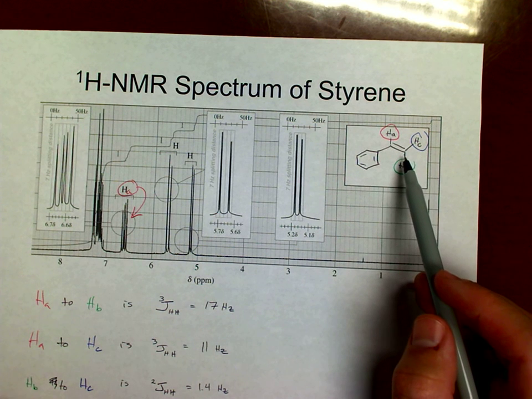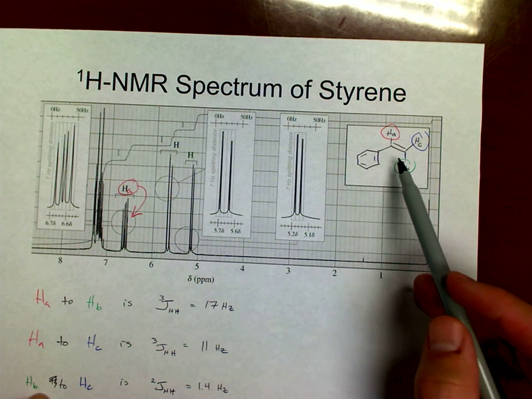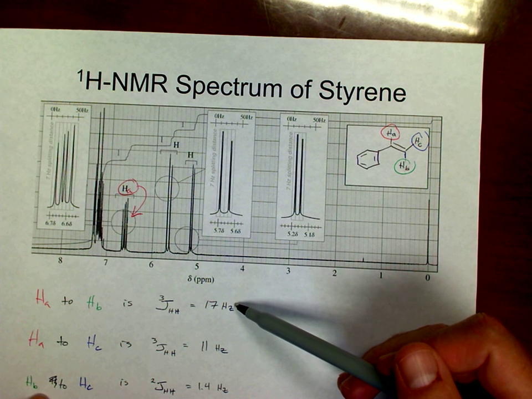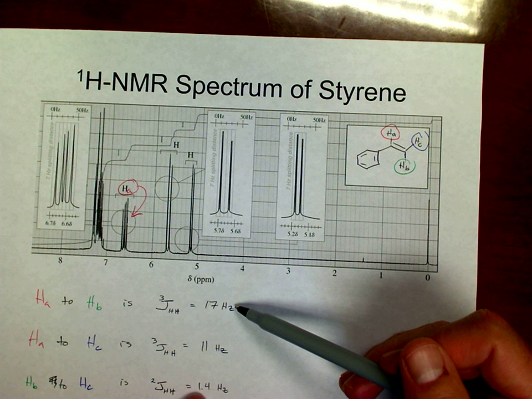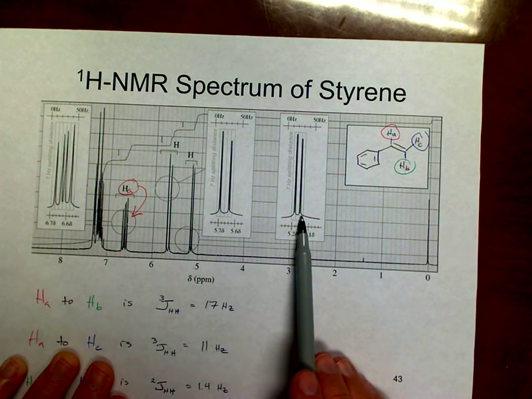So HB's signal will be a double doublet where its large coupling is 17 hertz, and then each one of those signals will split 1.4 hertz apart for the small coupling to HC. And so can you see how this one, the large coupling here, is wider than the large coupling on this one?